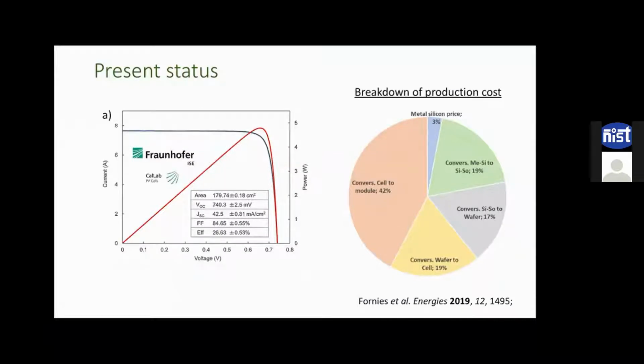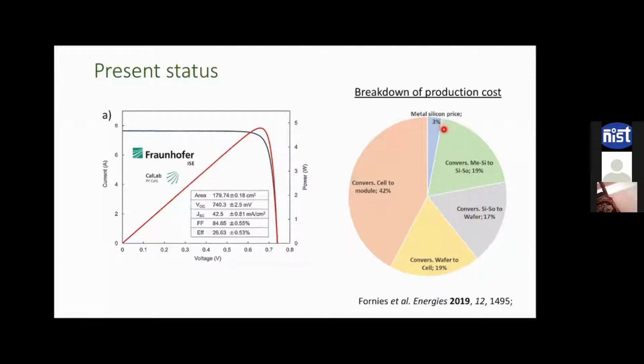Now, if we break down the production cost of making a crystalline silicon solar cell, we will see that almost 40% of the total cost comes from making metallurgical grade silicon, converting it to solar grade silicon, and then making solar grade silicon wafers.